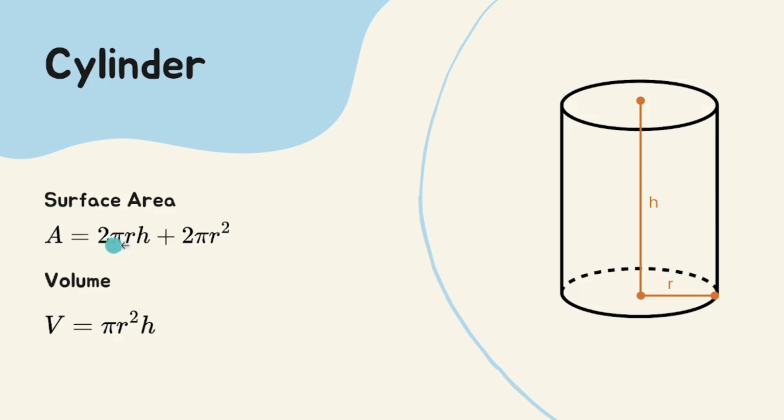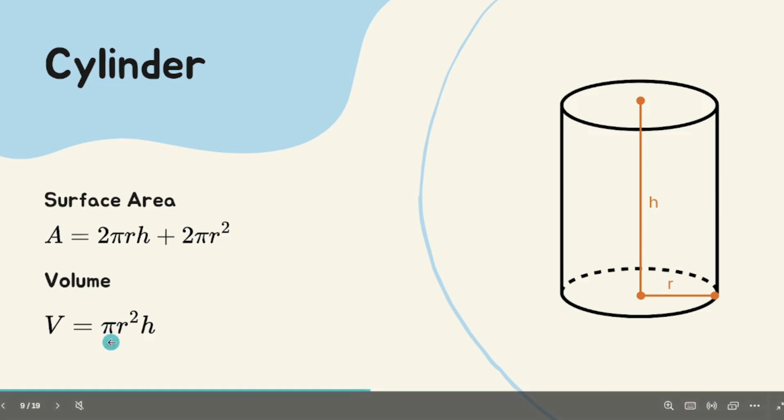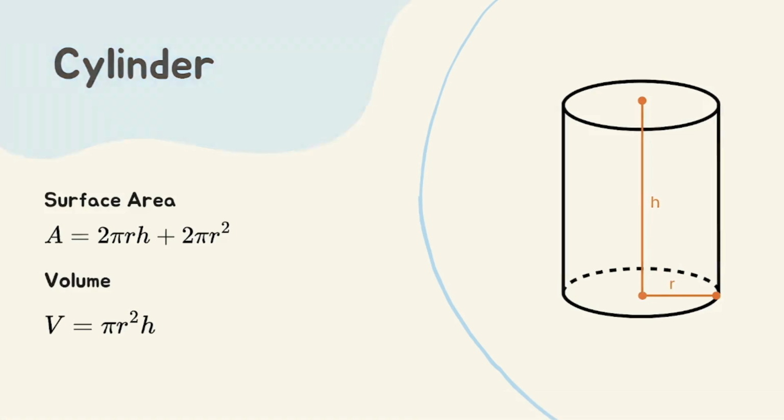If we take 2 pi r common from both terms, we can write it as 2 pi r bracket r plus h. Now, what is the volume of the cylinder? The formula for volume is pi r square h.